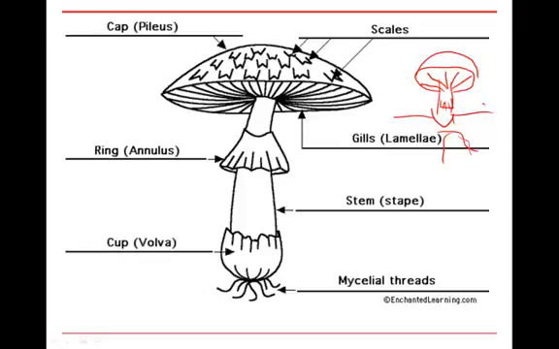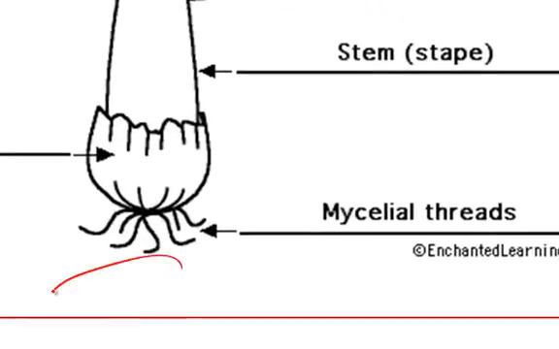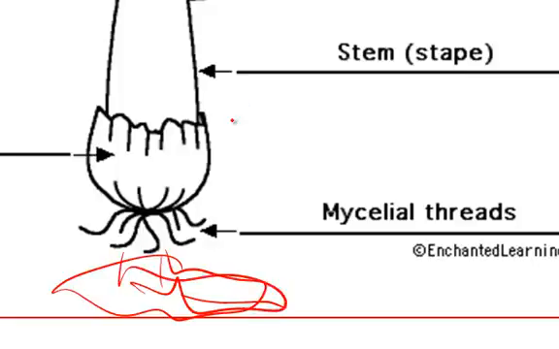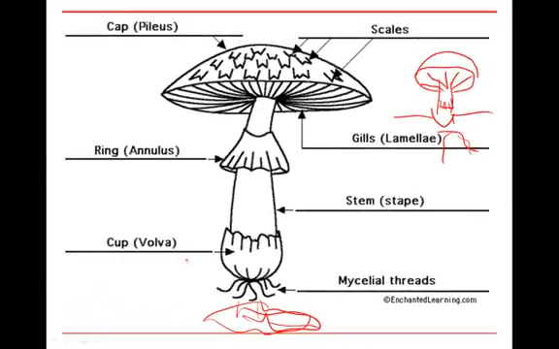Okay, so this is actually an error. So down here, this will be the mycelium, or the hyphae that are growing down there. At the base of the stem is a cup, or a vulva, and I want you to know both names. The vulva means a cup, and we'll talk about where that comes from later. We're going to call this the stem or the stalk.